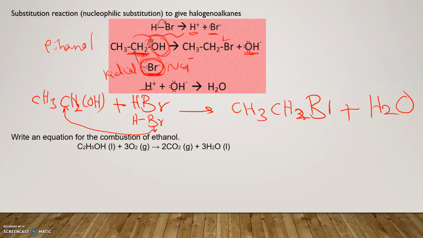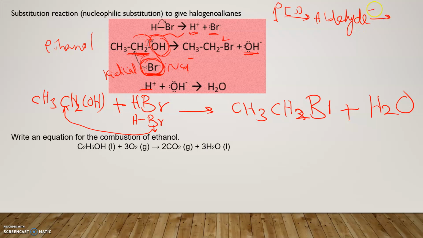Now for the combustion. Remember, the first type of chemical reaction was oxidation using acidified potassium permanganate or dichromate, and we learned that the color can change. The primary alcohols, remember that? The primary alcohols in the first oxidation turn into aldehyde.